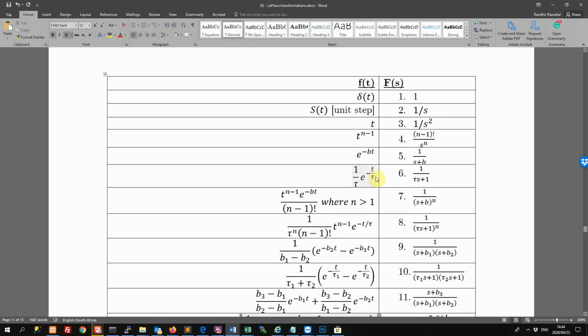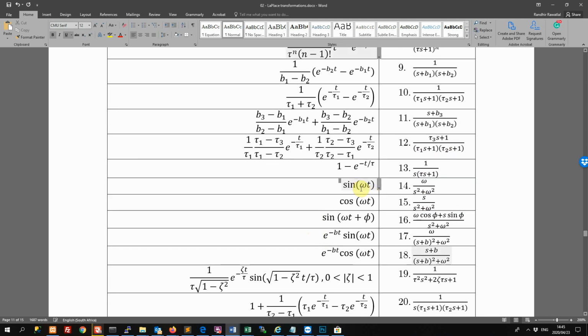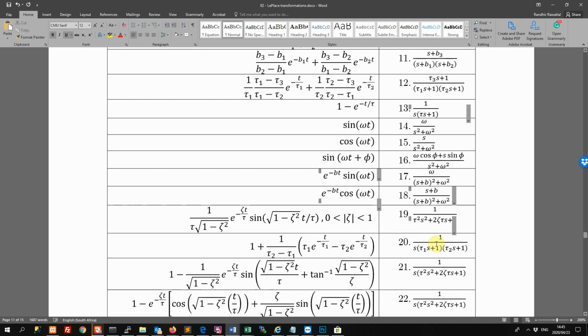Here, e to the tau, you can see the tau there. In fact, most of those are exponentials, which all show up as other factors there. Here's a sine wave, so in the sine you've got that omega, and that omega is showing up here. So many of these are in the form of some denominator.